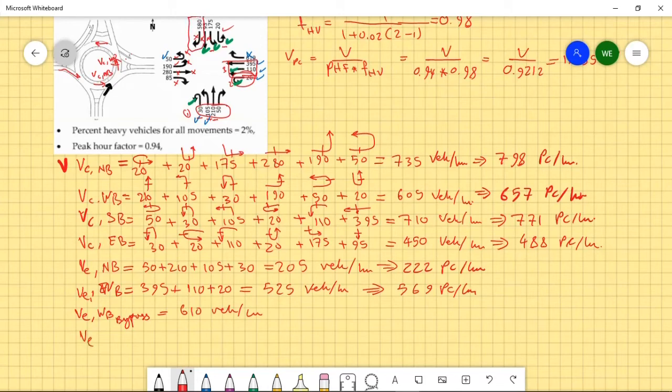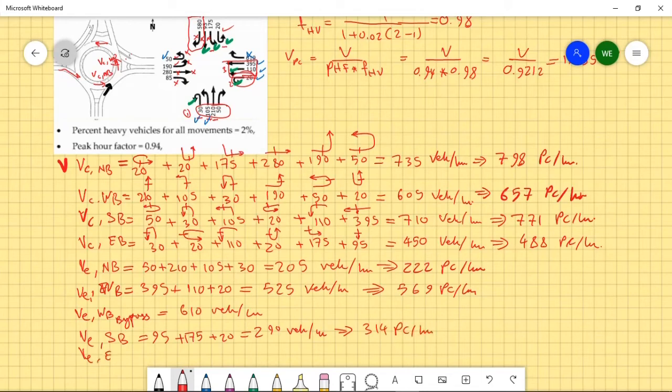So V entering southbound equals 95 plus 175 plus 20 equals 290 vehicles per hour, which is 314 passenger cars per hour.